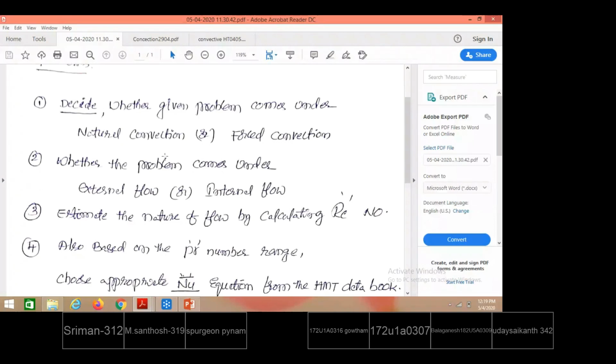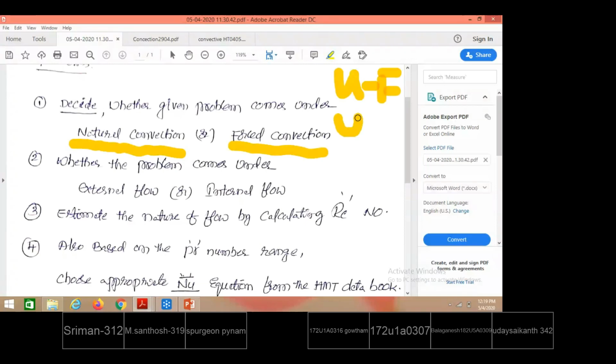First, after going through the given problem, you must decide whether the given problem comes under natural convection or forced convection. How do you differentiate? In the problem, if velocity is given, that is a forced convection problem.